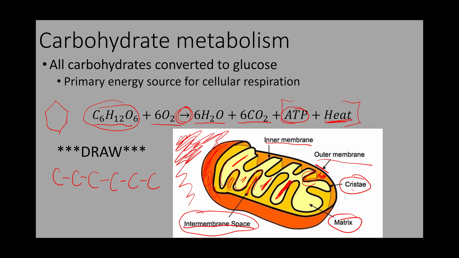Now, to make this even more efficient, sometimes the book will instead draw a carbon as a black ball. So glucose in your book will look like this. Like that.